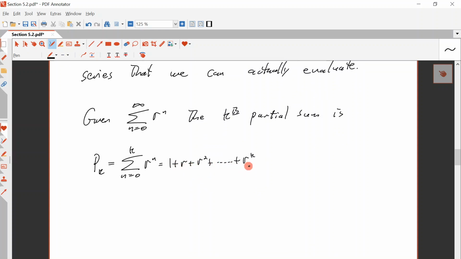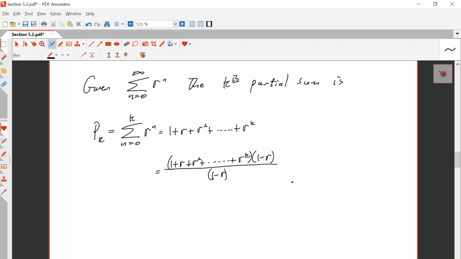Now, we can actually get an expression for this in terms of k. So this is equal to 1 plus r plus r squared all the way up to r to the k, over 1 minus r, times 1 minus r. Yeah? I'm just doing an uncancellation like that.